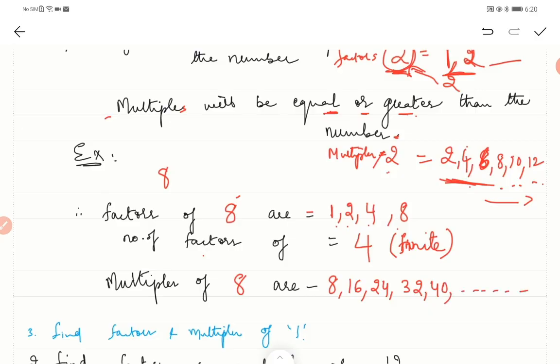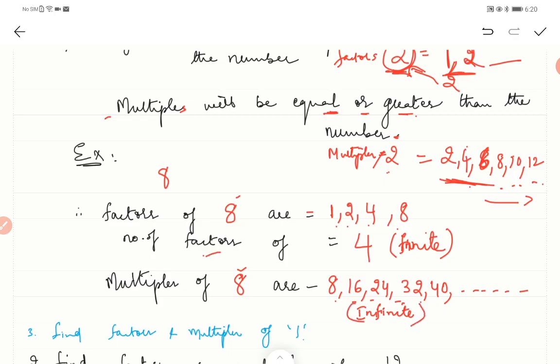So you have so many multiples of 8, that is, they are infinite. We don't have any fixed number of multiples, but we have a fixed number of factors.